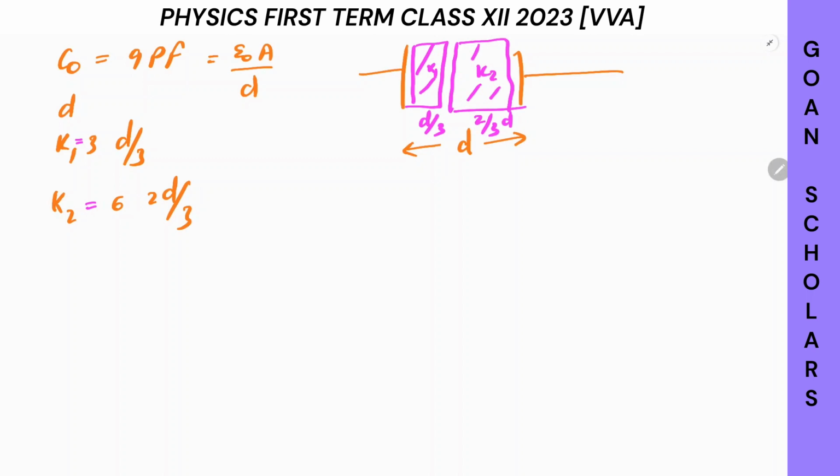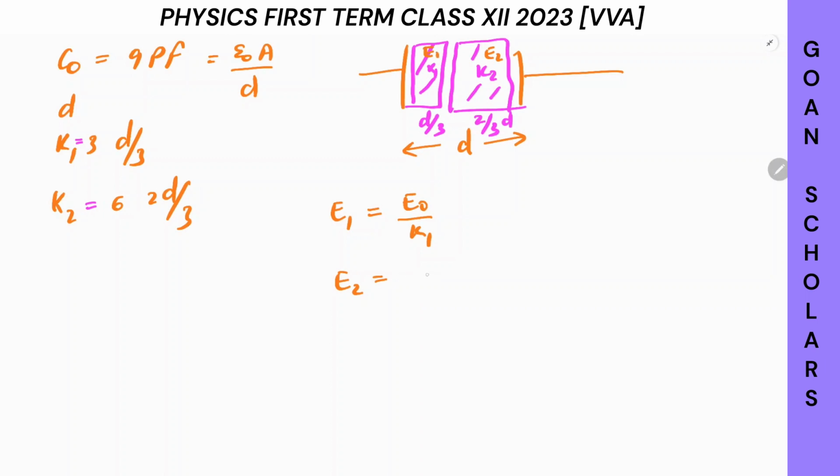Because of the addition of this dielectric, there will be some change in electric field. So what is the new electric field? The new electric field E1 will be E naught, which was previous, upon K1. And E2, the electric field developed here, is E2 and there it is E1.